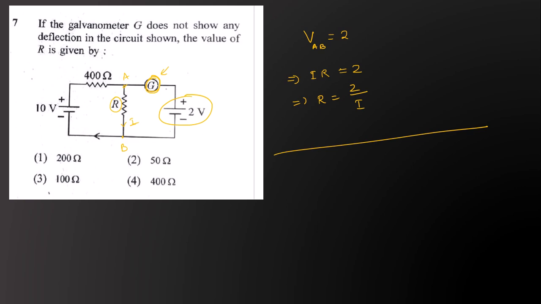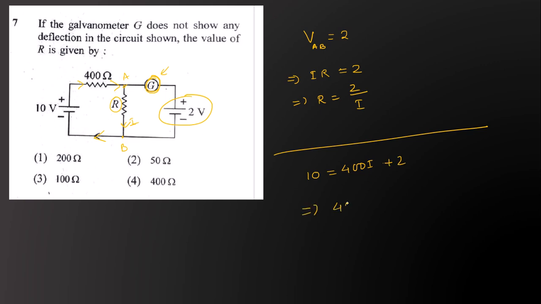Since there is no current passing through the galvanometer, the entire current will be passing like this. So I will apply KVL or Ohm's law, whatever you like. Here it will be equal to 10 volt. It should be equal to 400 multiplied by I. Voltage across R is 2.